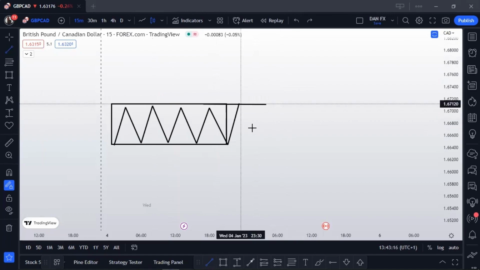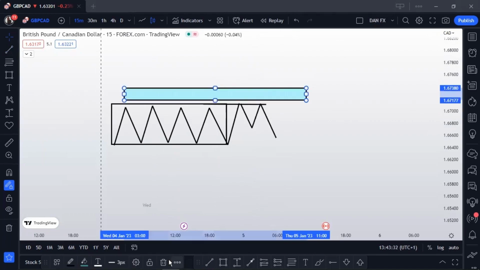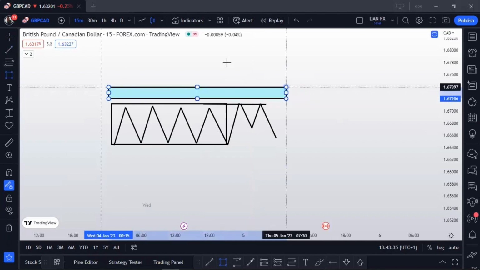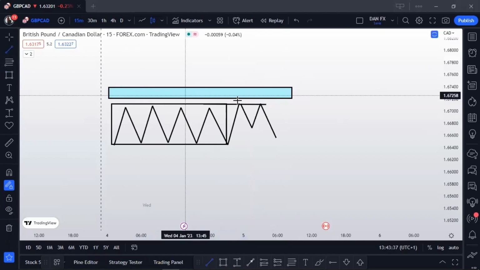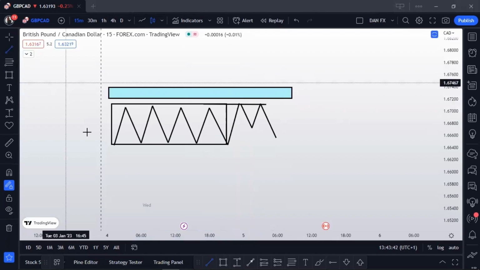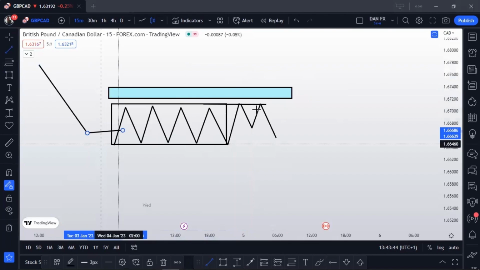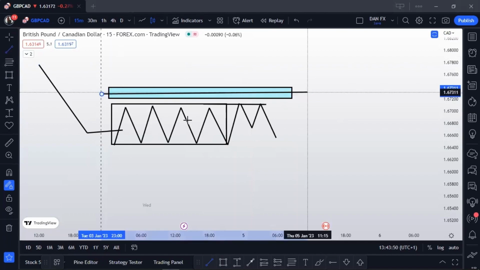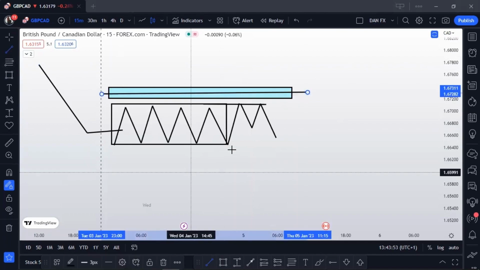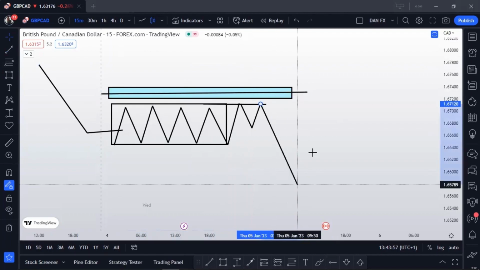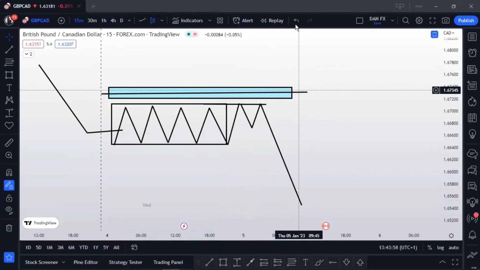Because when they form this M formation here, they refuse to break above, right, to go all the way here, because they have enough liquidity already, probably from the previous day, right? They have enough liquidity already from the previous day, so they don't need to go above this zone. They are okay with what they have, and they can move away from this area as quick as possible, right?